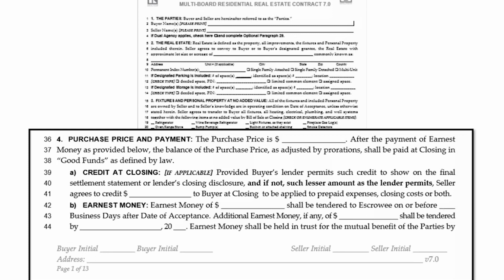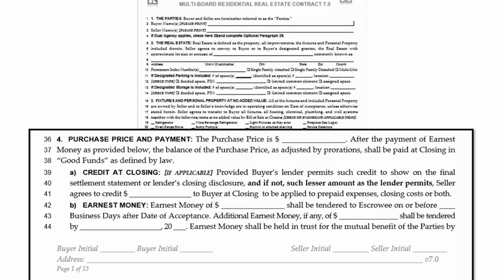So the earnest money that the buyer is putting up to show the seller that he really wants to purchase this property is what goes in the first blank on line 42. The second blank is where it says this earnest money shall be tendered to the escrowee on or before blank business days after the date of acceptance.